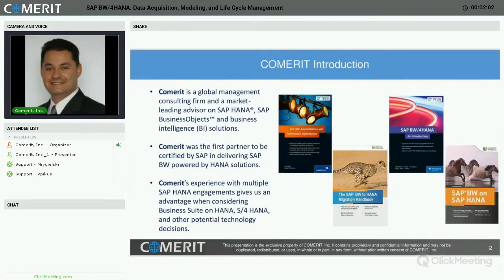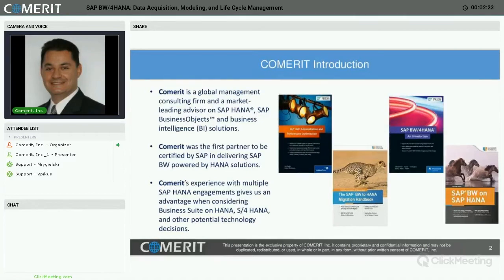We were the first partners of SAP to be certified on delivering SAP BW powered by HANA solutions. It's a great achievement, and this is because we have been working with SAP HANA implementations and migrations for a long period now.